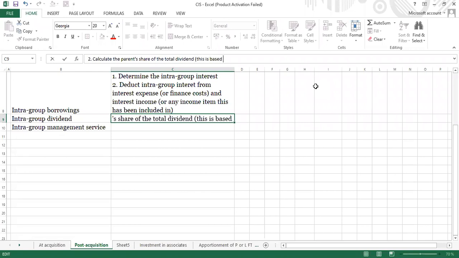This is based on the parent's shareholding in the subsidiary. Once you have done that, deduct the parent's share of intra-group dividend from the income it was initially added to.